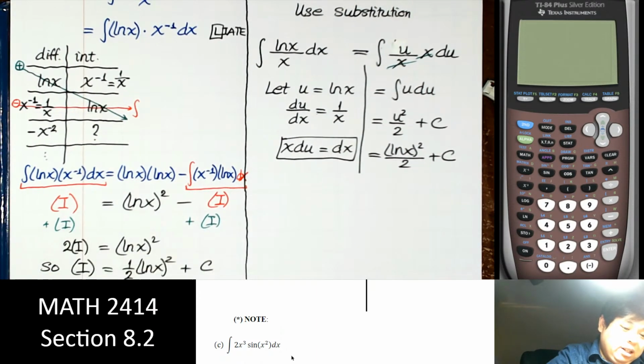And we just solve for it indirectly. Right. So note.